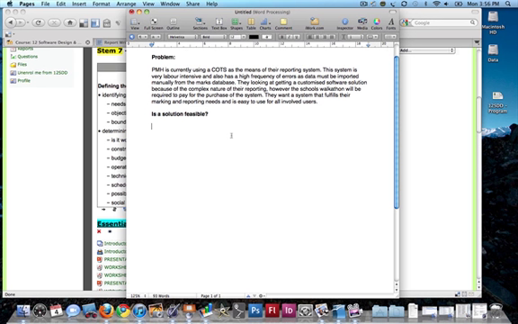So a question asked is, is the solution feasible? The first area of feasibility is budgetary. We would be asking one question: given the budget of $40,000, can a solution be constructed?